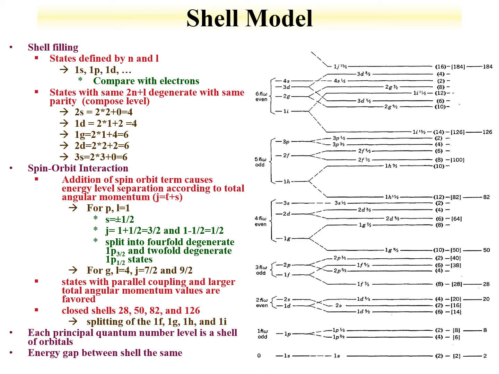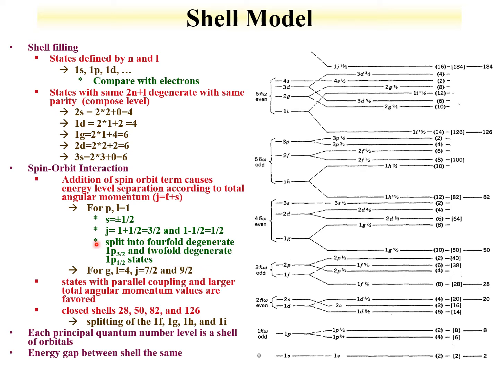Then when we have spin-orbit coupling interactions, we can split the angular momentum, where J equals L plus S. As an example, take the P states, where L is equal to 1. The spin is either plus 1/2 or minus 1/2, so the splitting of the P states will be either a 3/2 or a 1/2 state.